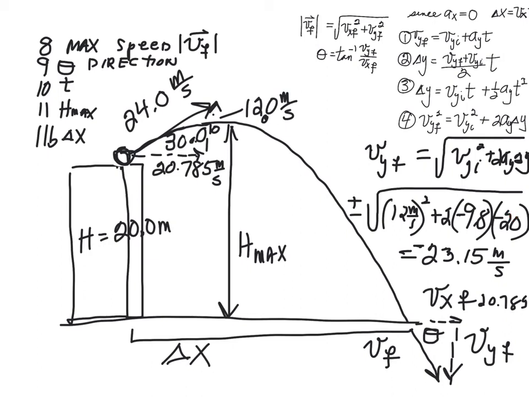So here's where you could mess up. You put in 2, you put in a negative 9.8. If you put in 20 for delta y, this number will be negative. You'll subtract it from this, and you'll actually get a negative number to take the square root of, and that's sort of a sign that something went wrong.